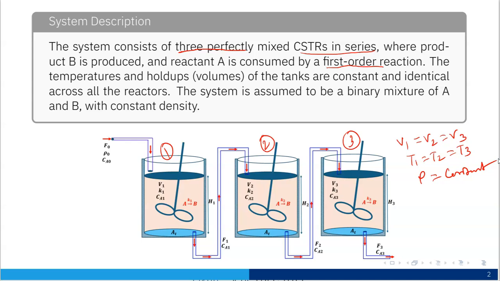Reactant A is entering reactor 1, and product as well as some amount of reactant is coming out with flow rate F1 and concentration of reactant A Ca1. It then enters reactor 2 and comes out with flow F2 and concentration Ca2, enters reactor 3 and comes out with flow rate F3 and concentration Ca3.